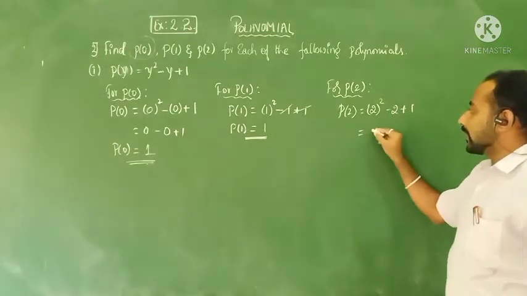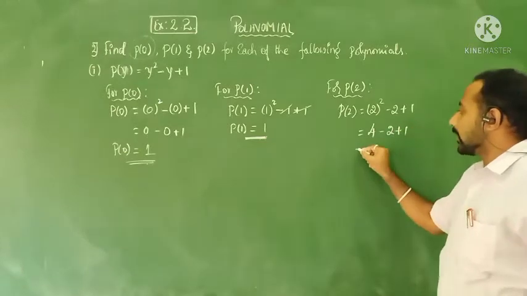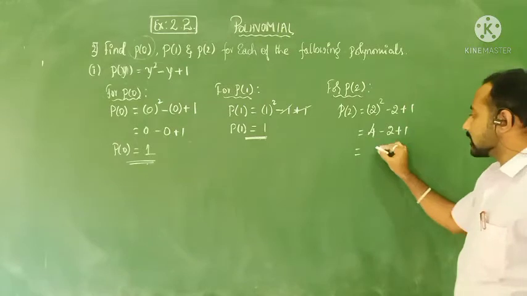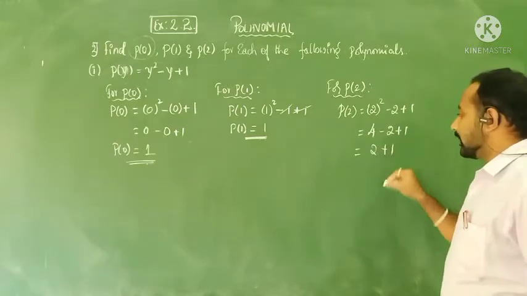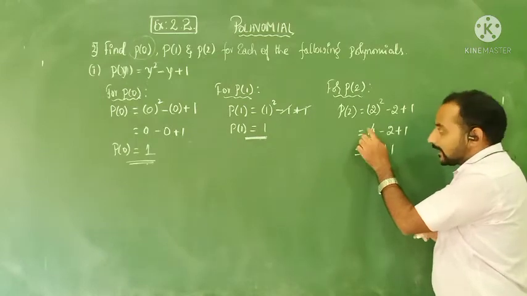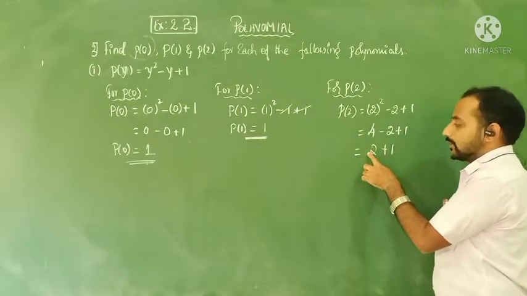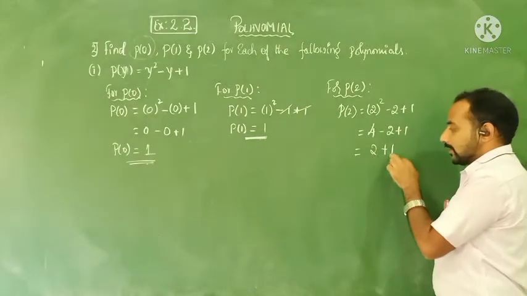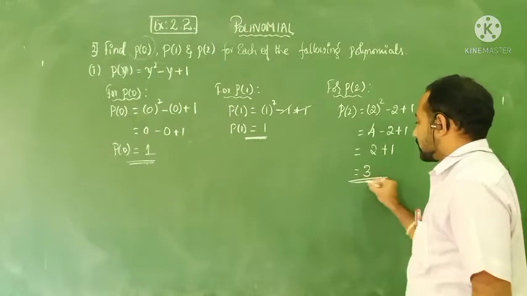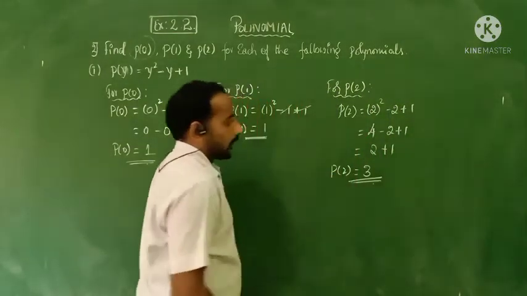So 2 square is 4, minus 2, plus 1. 4 minus 2 is how much? Exactly, it is 2, plus 1. Because 4 is the greater one and the sign of 4 is positive, that's why we have taken positive 2 plus 1. So remaining it is 3. Answer is 3. P of 2 is equal to 3.